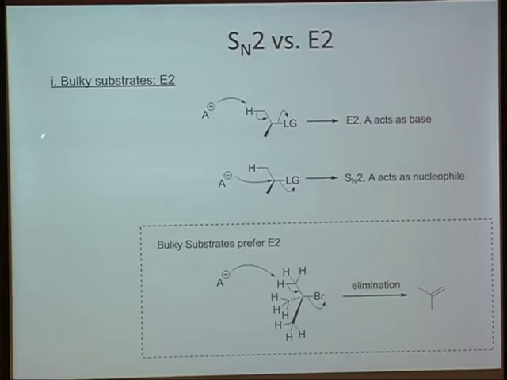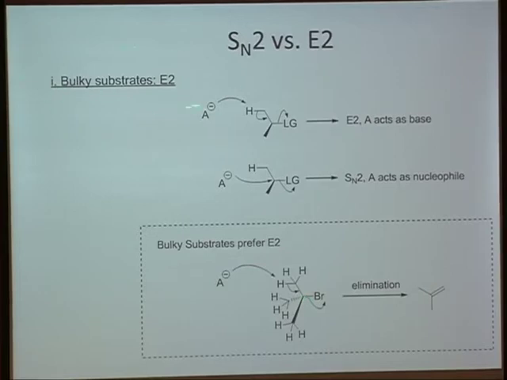Now, since these are favored, which one would I pick? Say, for example, this is my substrate. This is an alpha proton, this is an alpha carbon, that's a beta carbon. So you see, if I pick up stuff from the beta carbon, that's an elimination, right? If I attack the alpha carbon, that's a substitution.